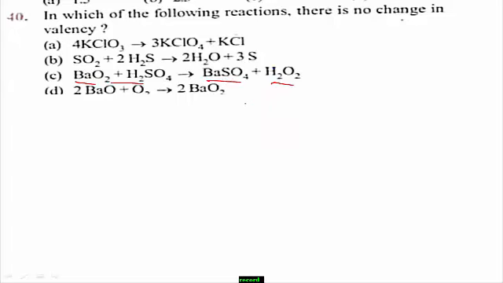All atoms are present in the same oxidation state here. When you observe the oxidation state of each species in reactants as well as products, it is the same. Therefore, there is no change in the valency. Option C is the right answer.